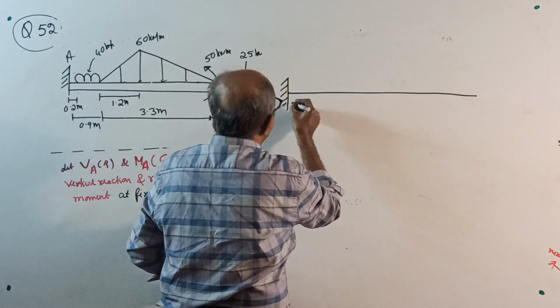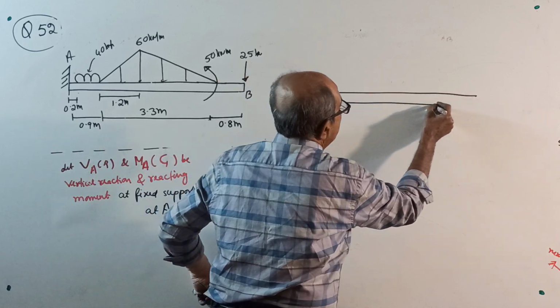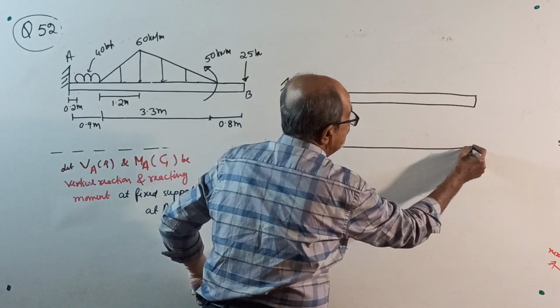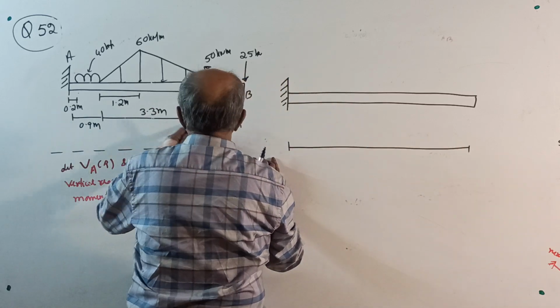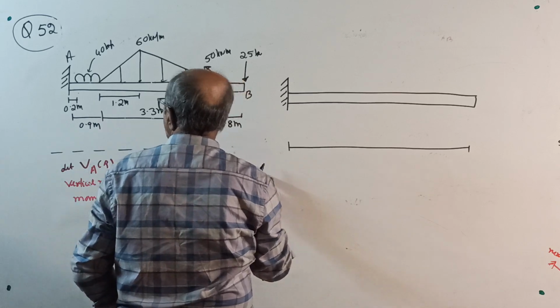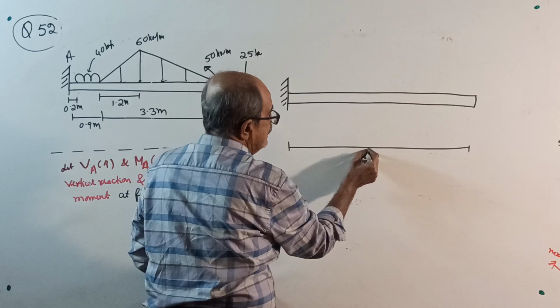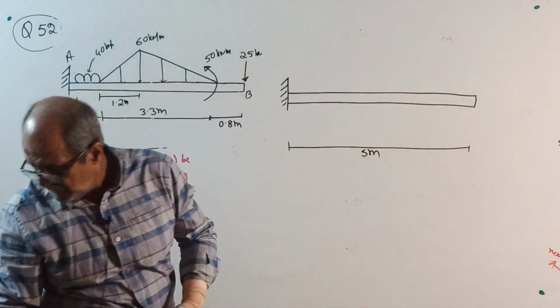I use the full length to understand. A beam of total length, I write here total length, 3.3 plus 0.8 plus 0.9, 5 meter. Just check the answer.